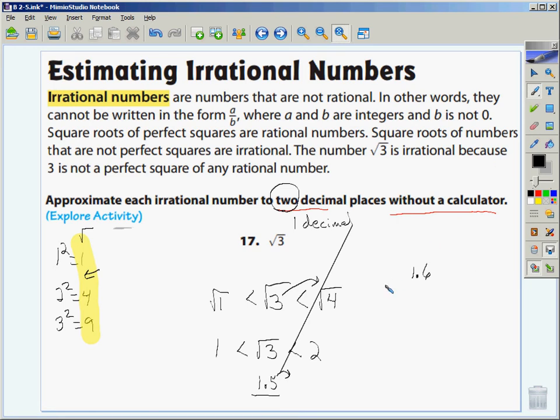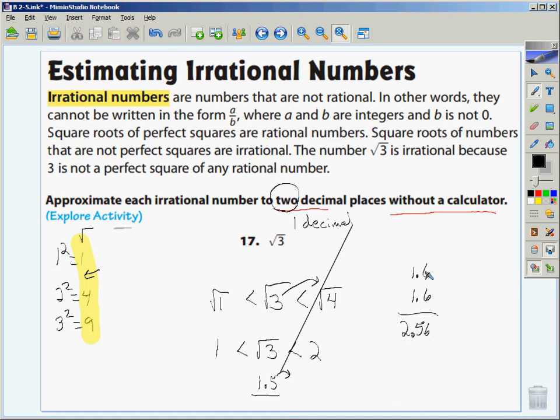How can I tell how close this is to what I want it to be? Since I know it's not going to be exact, what could I do? Anybody know? I'd actually do the squaring of it. I could take 1.6 times 1.6. What is 16 squared? We just did it. 256.